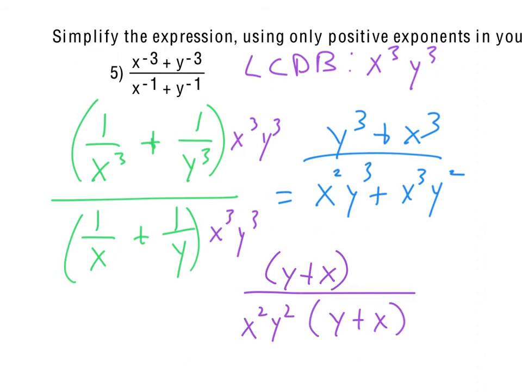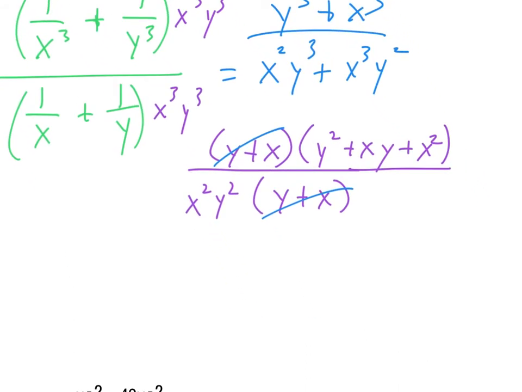I do need to figure out my other factor, but that would end up being y squared plus xy, or yx, the order doesn't really matter, plus x squared. So the x plus y, or y plus x, ends up canceling out, and so we actually end up with y squared plus xy plus x squared, which does not factor, by the way, over x squared, y squared.